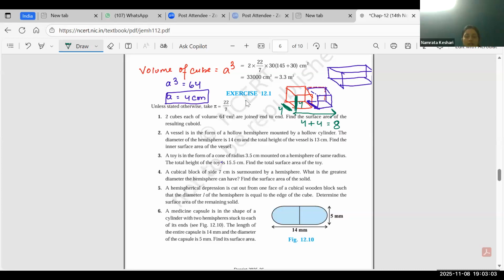So the breadth is 4, height is 4, but the length of this cuboid is 8. Clear? We have to find the surface area of the resulting cuboid. Please find it.